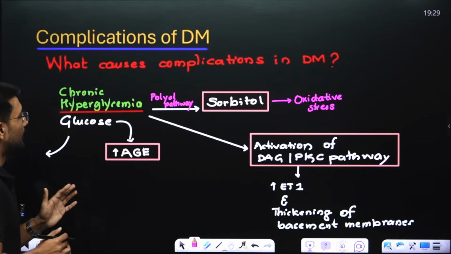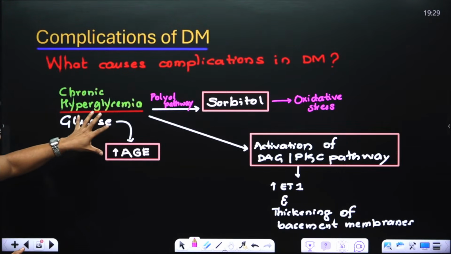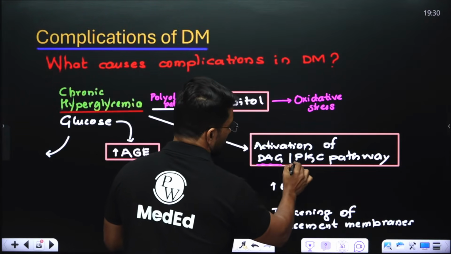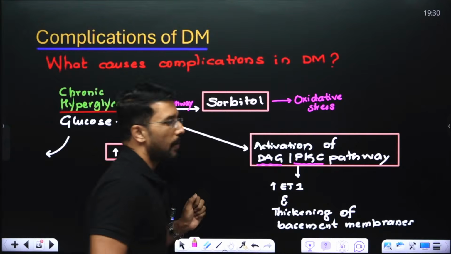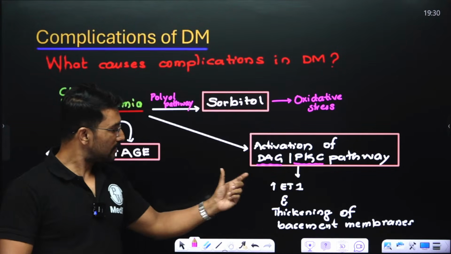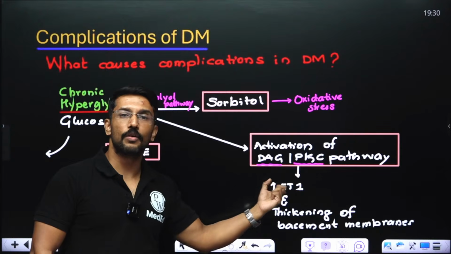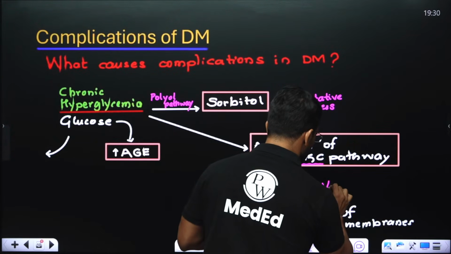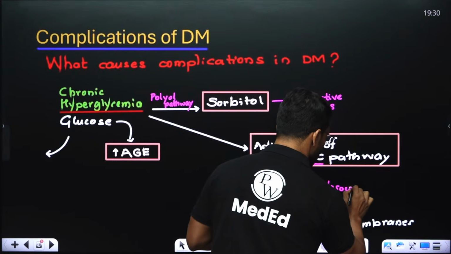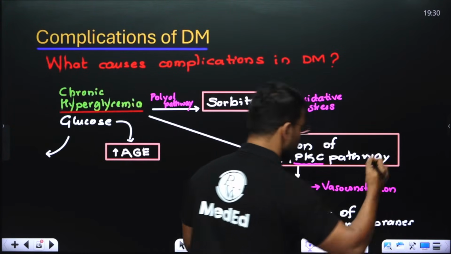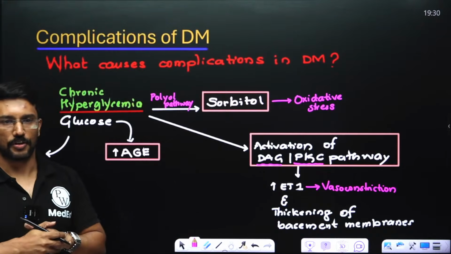Okay. Second, this excess glucose leads to activation of the diacylglycerol and protein kinase C pathway, and activation of this pathway results in increased expression of endothelin 1. What does endothelin 1 do? Endothelin 1 causes vasoconstriction.